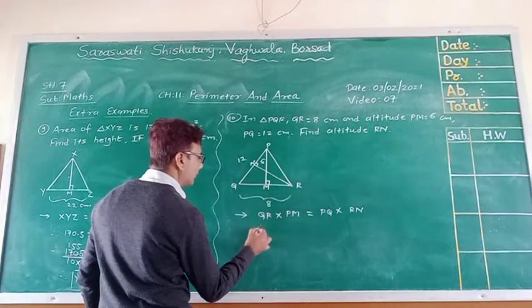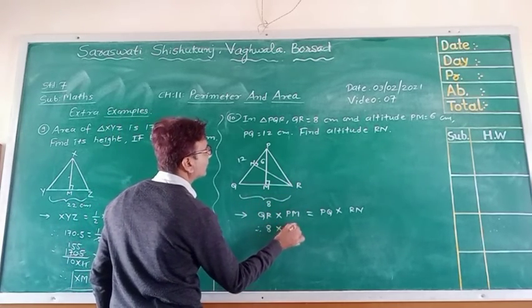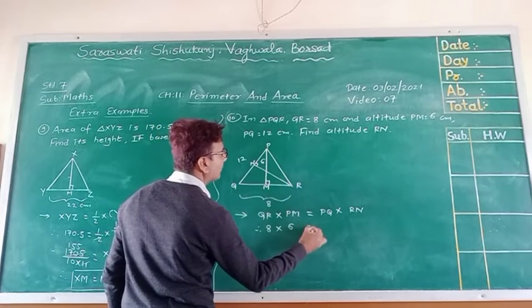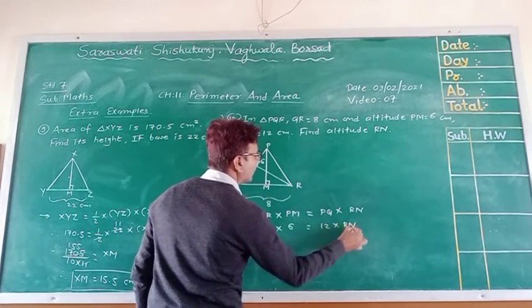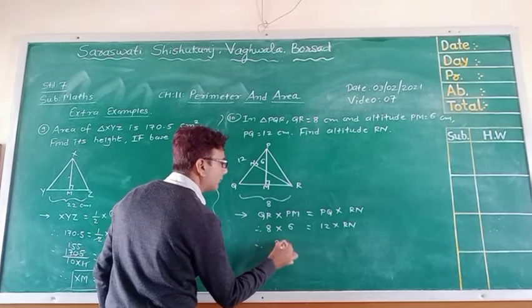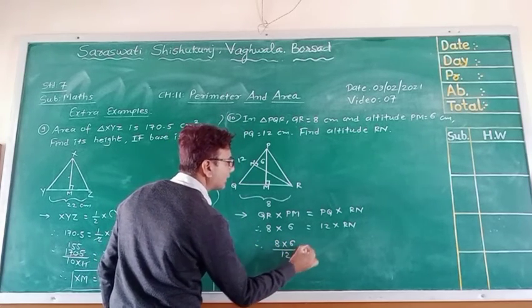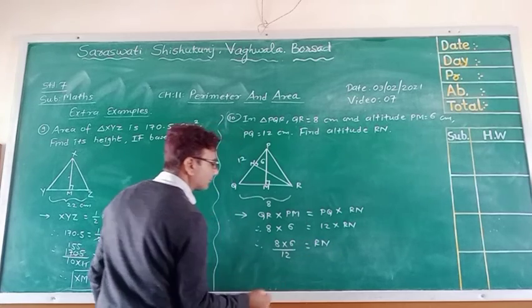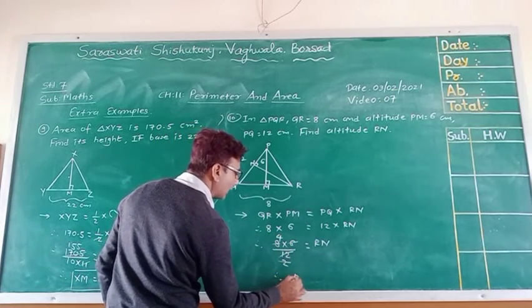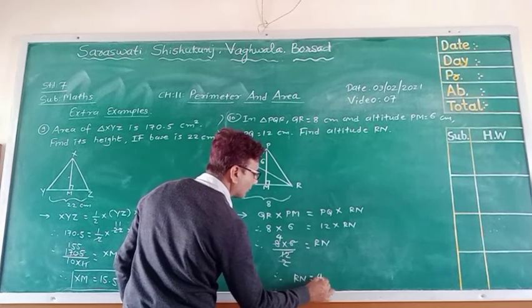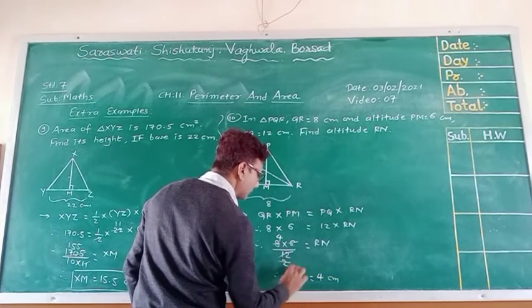QR is 8, PM is 6, given. PQ is 12 and R we want to find. Now 8 multiplied by 6 divided by 12 equals R. 6 twos are 12, 2 fours are 8. So the R measurement equals 4 centimeter.